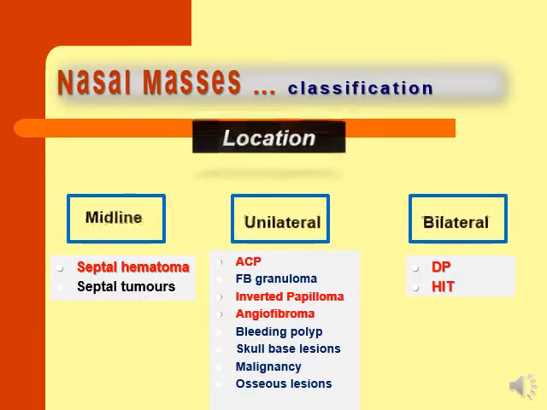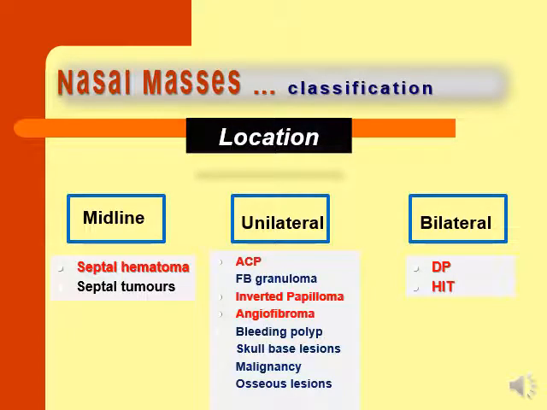When we classify the masses, we have two nostrils and a midline structure, which is the septum. So any mass arising within this cavity could arise from the midline. The commonest are the septal hematoma and septal tumors.